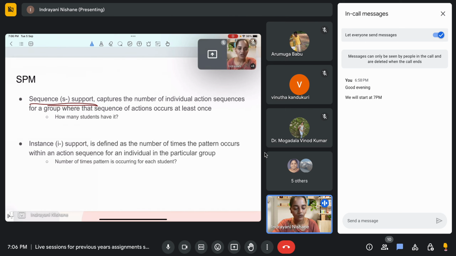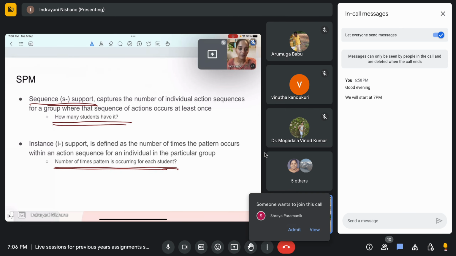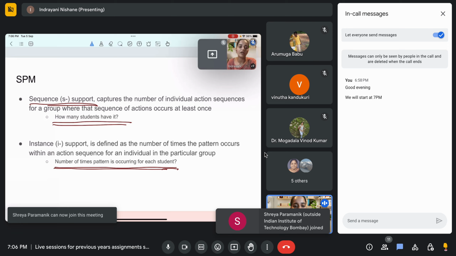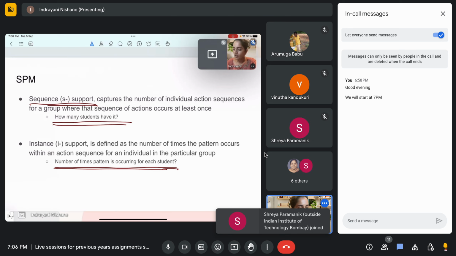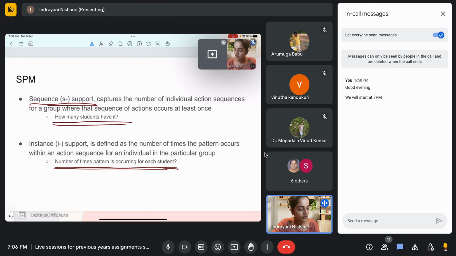So just remember these two questions: how many students are having the sequence pattern, and how many times that pattern is repeating or occurring for each student is part of instance support. So in instance support, for every student we calculate the number of times the pattern is occurring.